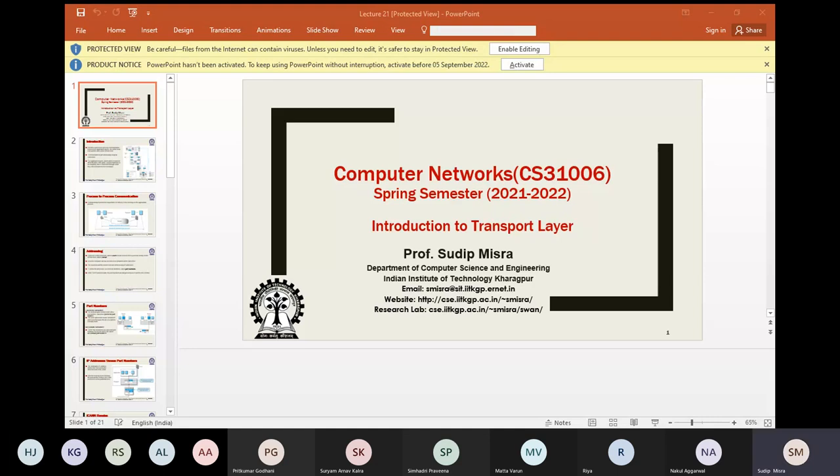Ultimately, this layer over here will talk to this layer logically, right? The physical communication still takes place like this, but the communication between the two layers takes place logically at the same level using the corresponding protocols. We'll come to the protocols in the transport layer.